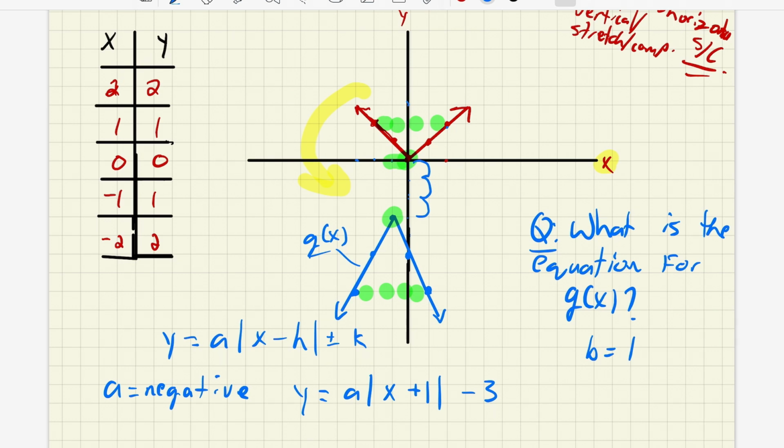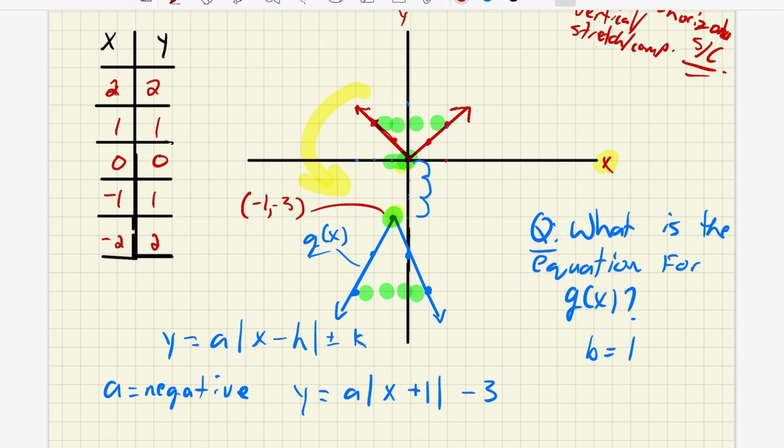Now, how much did this stretch by? Well, I can pick any point, and I could use the initial point that I highlighted in green over here, which I'll now highlight in yellow. We can sub in the values of the new point and then isolate for a algebraically. At that point, we see that when x is negative 1, y has a value of negative 3.